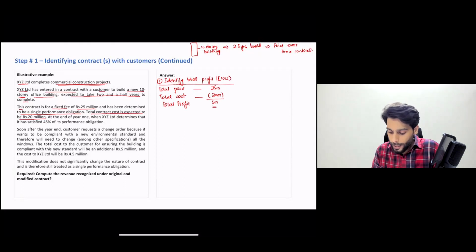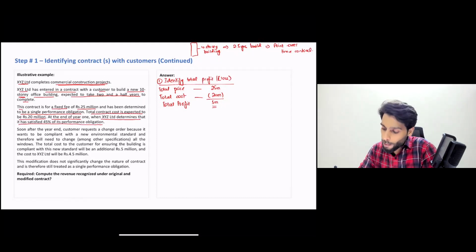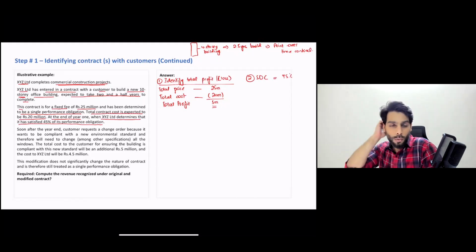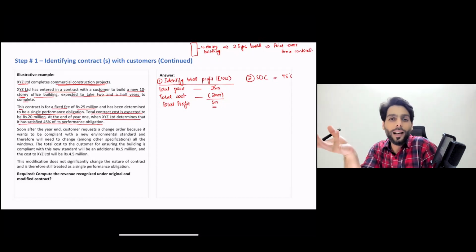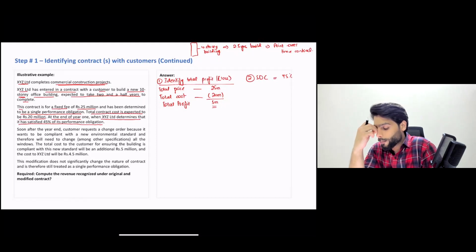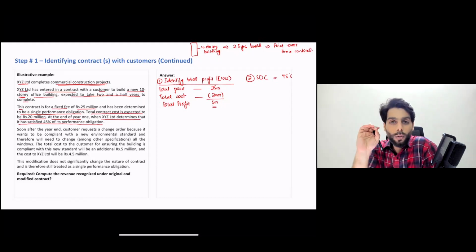It says that at the end of year one, XYZ Limited determines that it has satisfied 45% of its performance obligation. If you remember, our second step was to determine stage of completion, and in this question, it has been given as 45%. Just to recall what we've studied, how would the examiner have calculated this 45%?